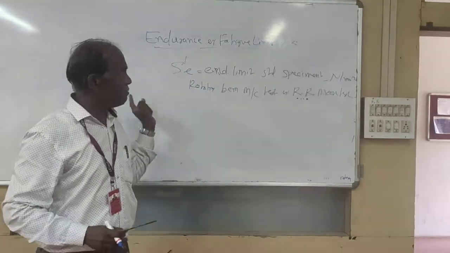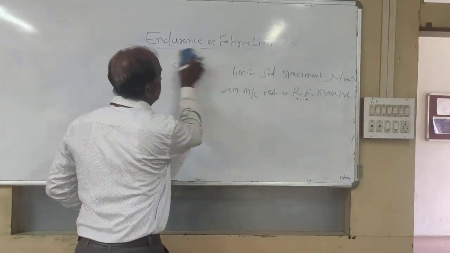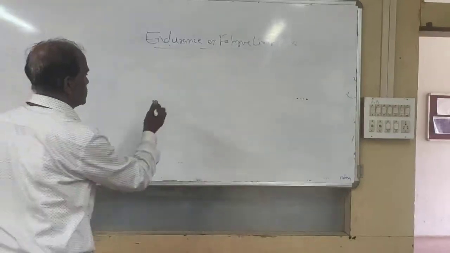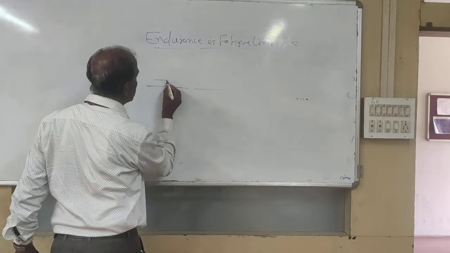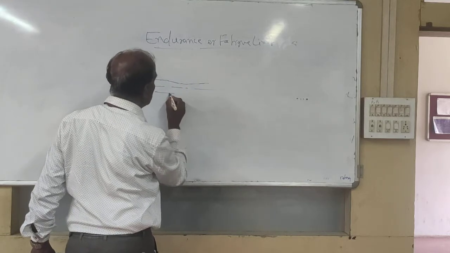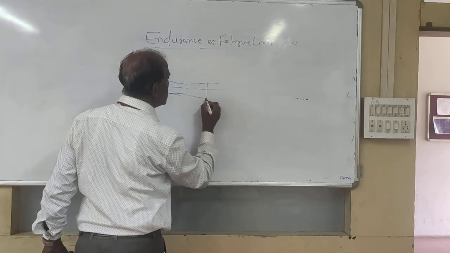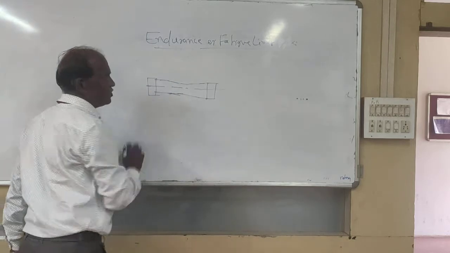What they will do in this test is take a standard polished bar like this. This is a polished bar, with the cross section reduced somewhere here. A standard, highly polished surface bar is taken.